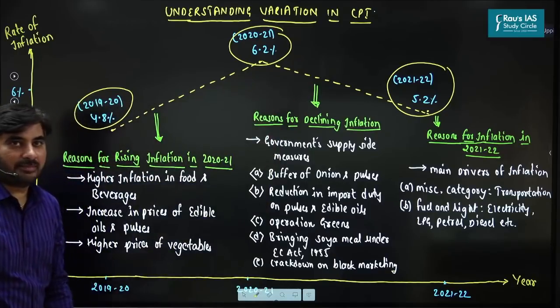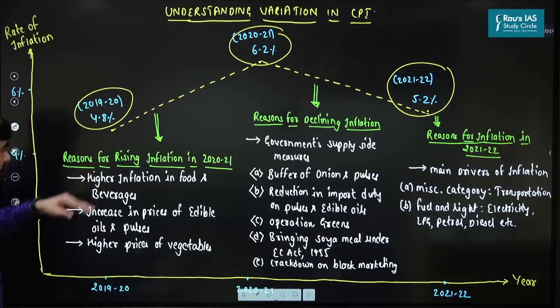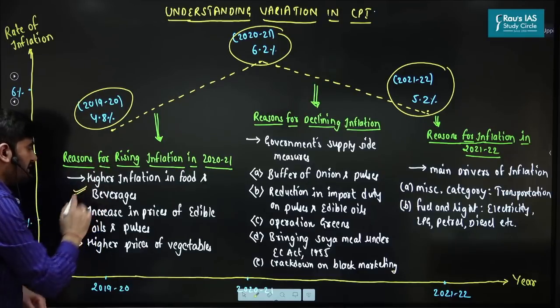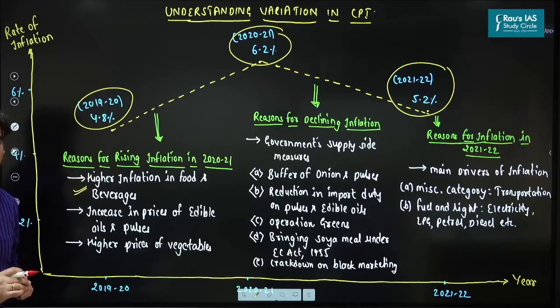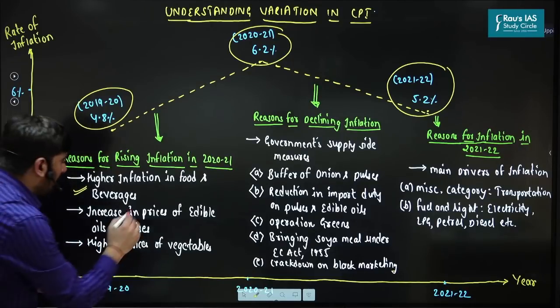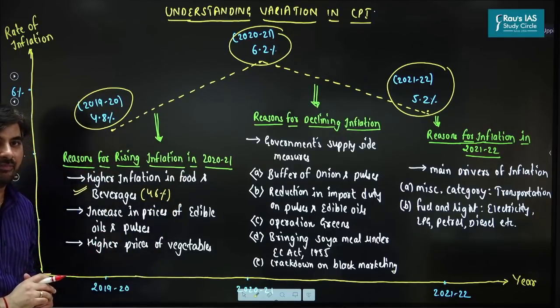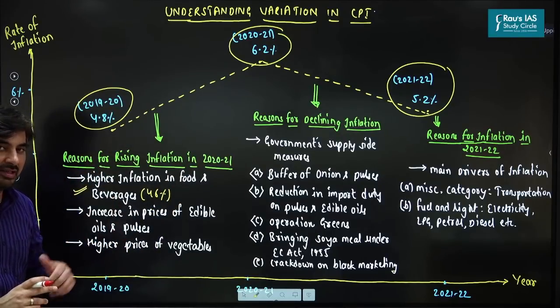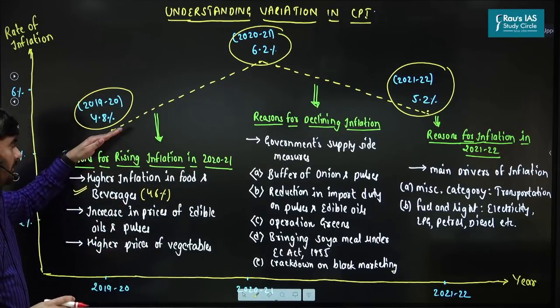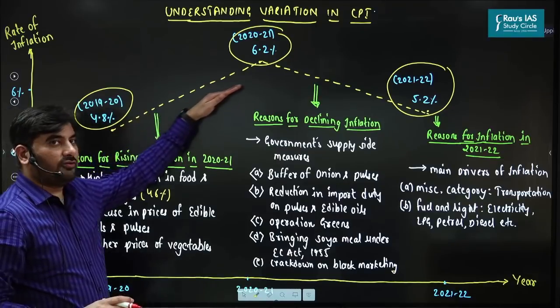CPI increased because of higher inflation in the food and beverages category. We have already seen that the food and beverages category accounts for 46% weightage in the consumer price index. So if there is inflation in food prices, the CPI also increases.